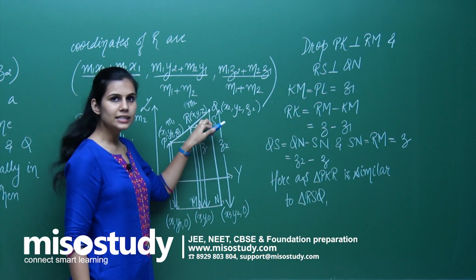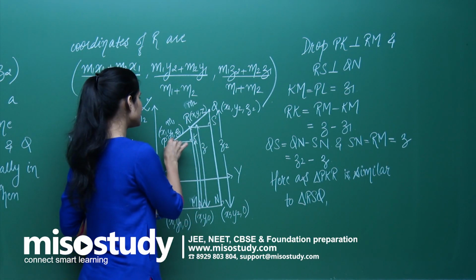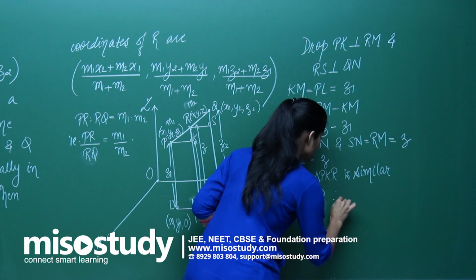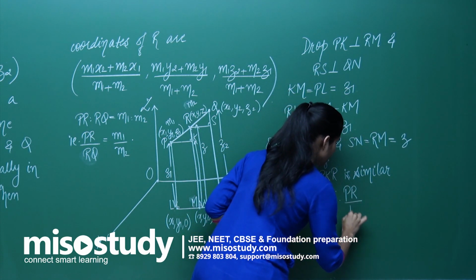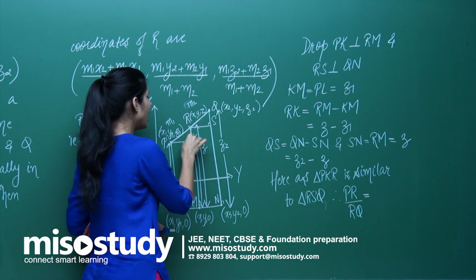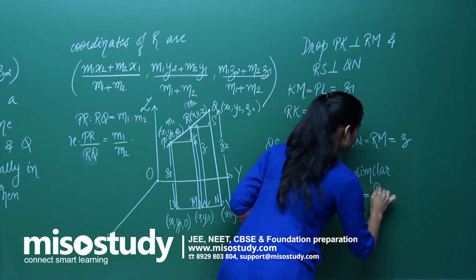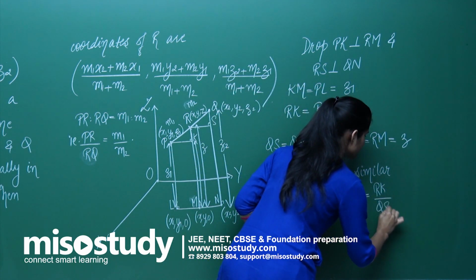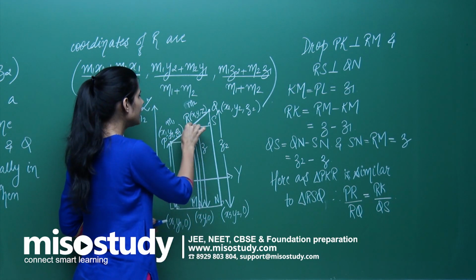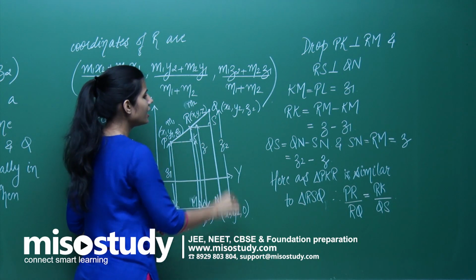As these two triangles are similar, corresponding sides are proportional. What you get is PR upon RQ is equal to RK upon QS is equal to PK upon RS.